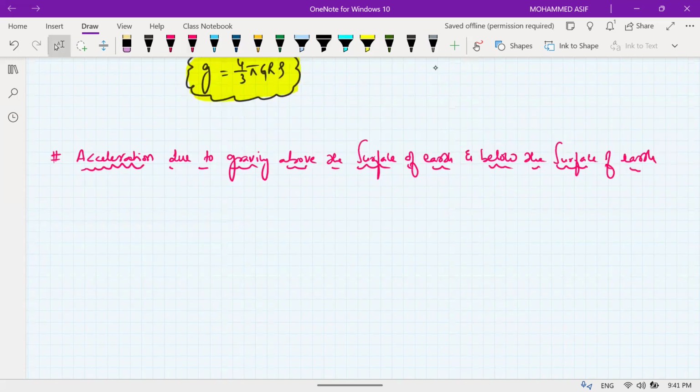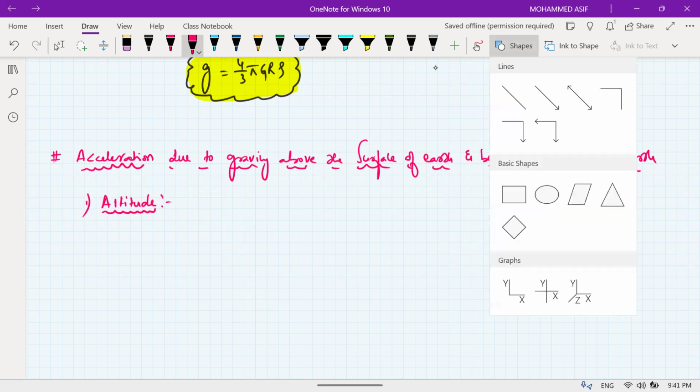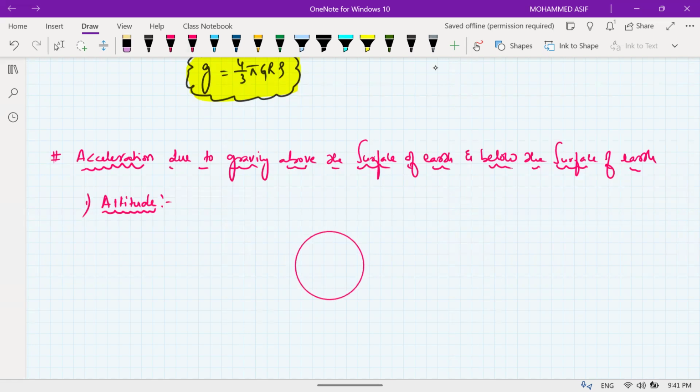If I am talking about altitude, altitude means at a certain height. Okay, this is your earth.